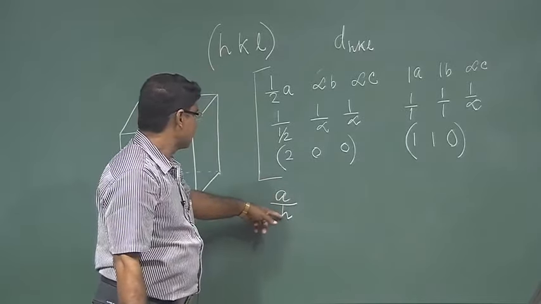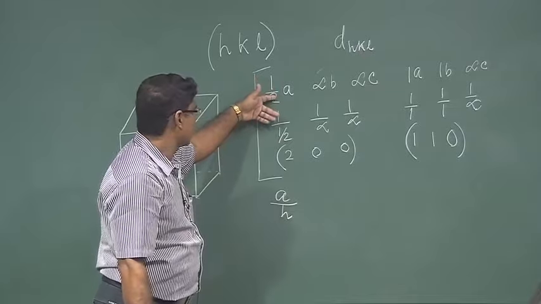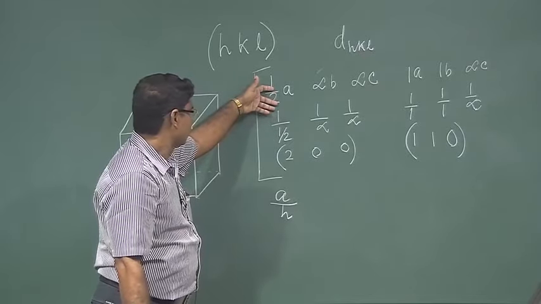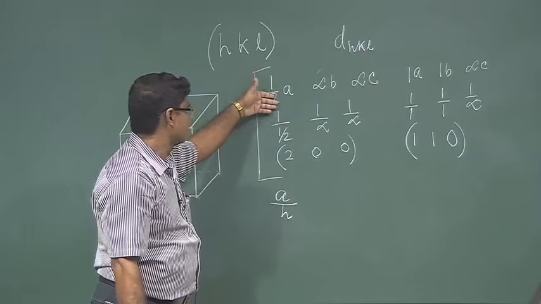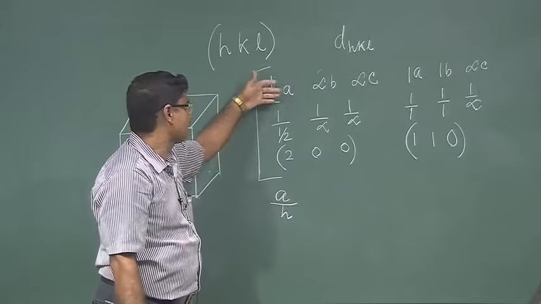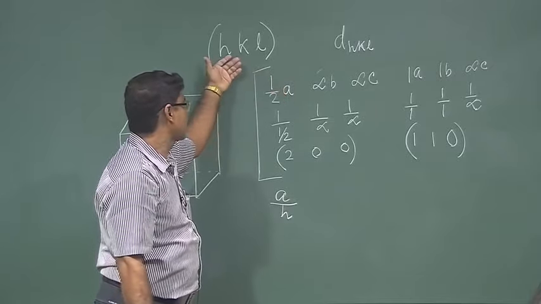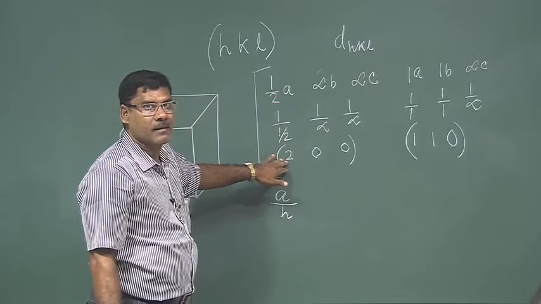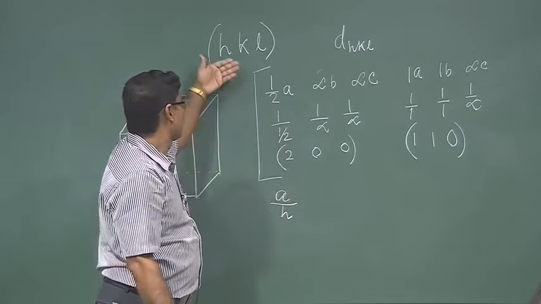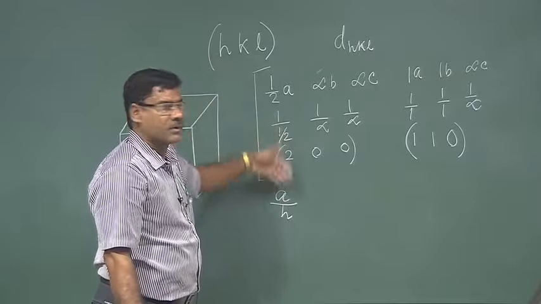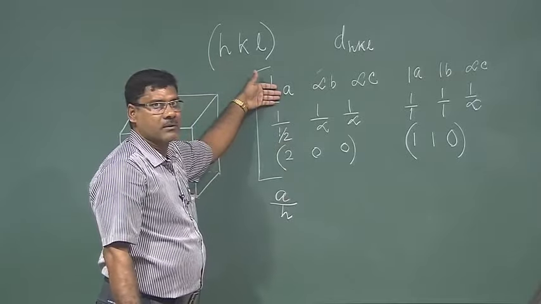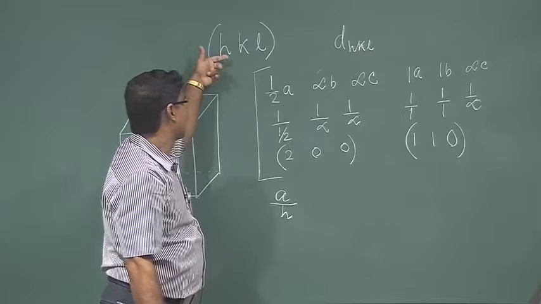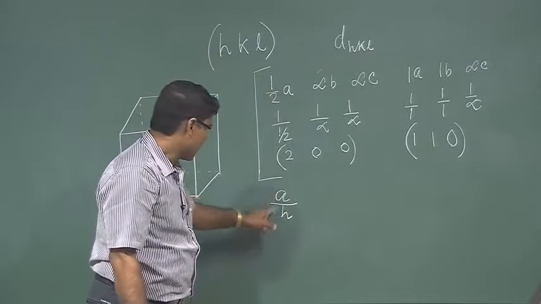Because h is basically from here you can see: it was intersecting at half a, but to get the h we have taken the reciprocal and simplified it. Okay. Now, from h, if we want to get the intercept, again we have to take the reciprocal of this h, 1 by h times a.